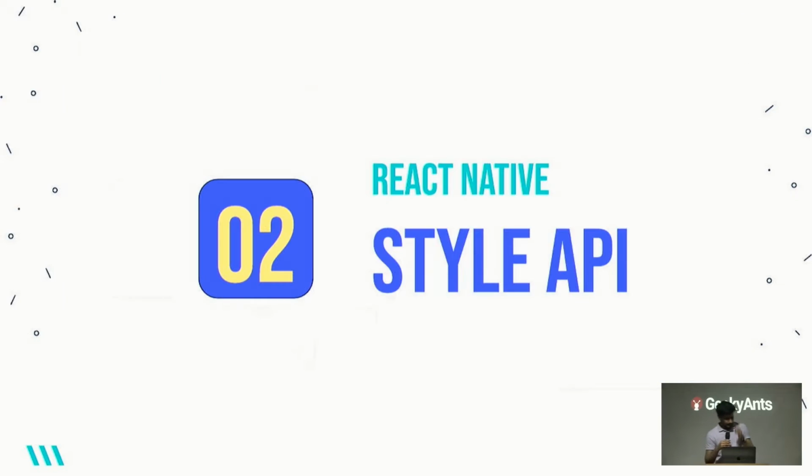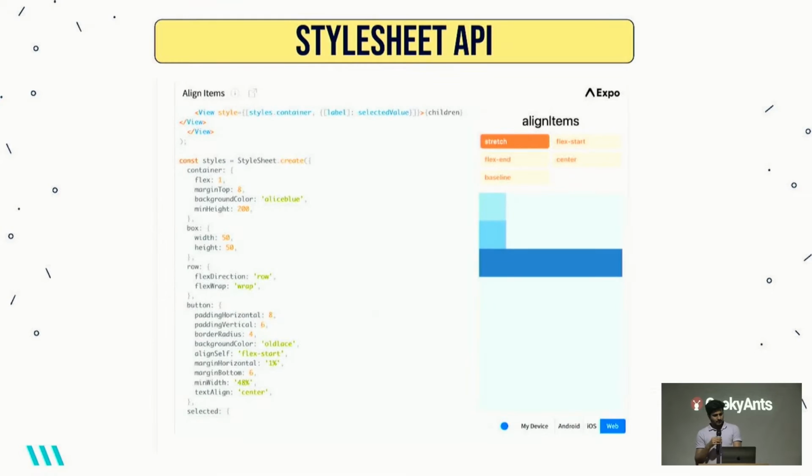Moving on, let's talk about the React Native style API, right? So whenever you see your style sheet, it looks something similar to this. You write your code in CSS and JS, which contains a particular object which belongs to certain views or a text or any other components.